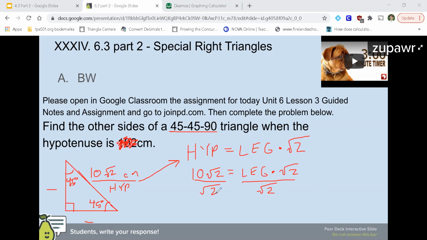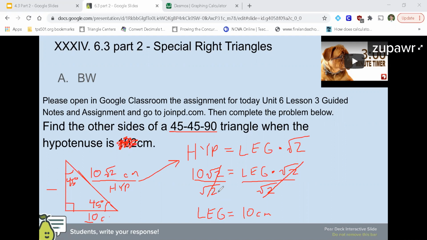And the nice thing about this problem is since there's a square root of 2 in the numerator and the denominator over here, it'll cancel over here and it'll cancel over here. So that leaves me with that the leg is just 10 centimeters.